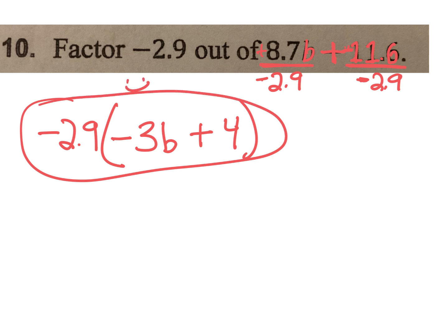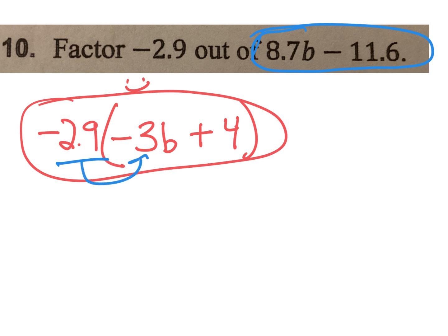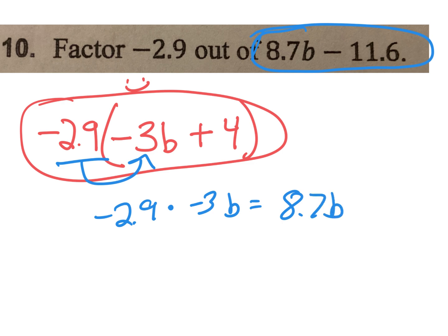Now, I'm going to check it. I'm not satisfied with just going with it. I'm going to change colors here. I'm going to make this in blue. This is what I want to get. So I'm going to do my distributive property, negative 2.9 times the negative 3b. And when I do negative 2.9 times negative 3b, that gets me an 8.7b, a positive.